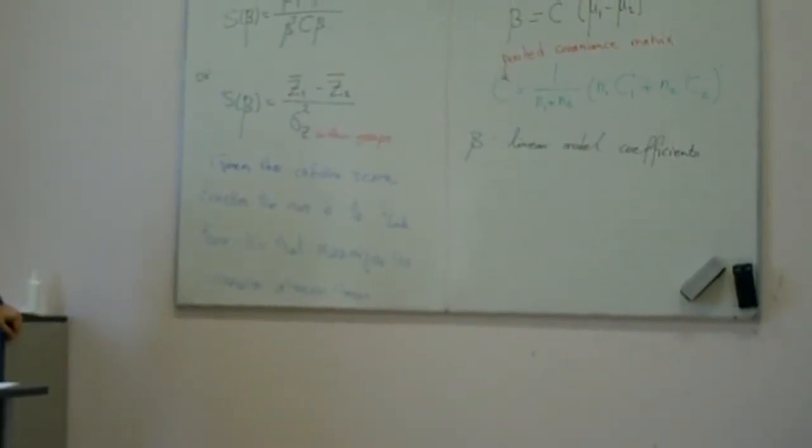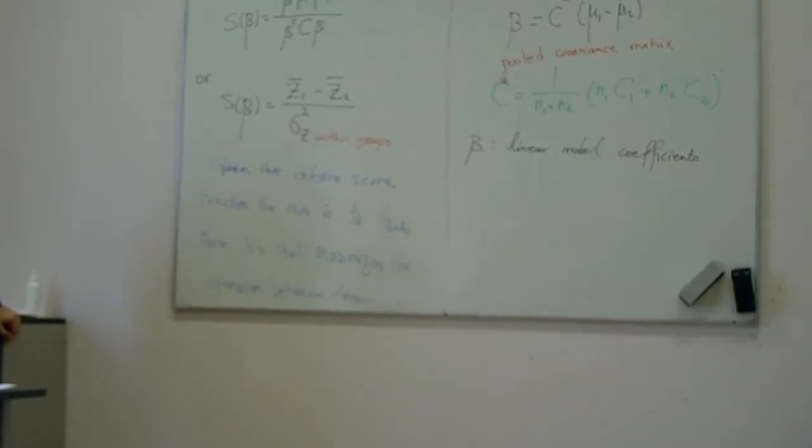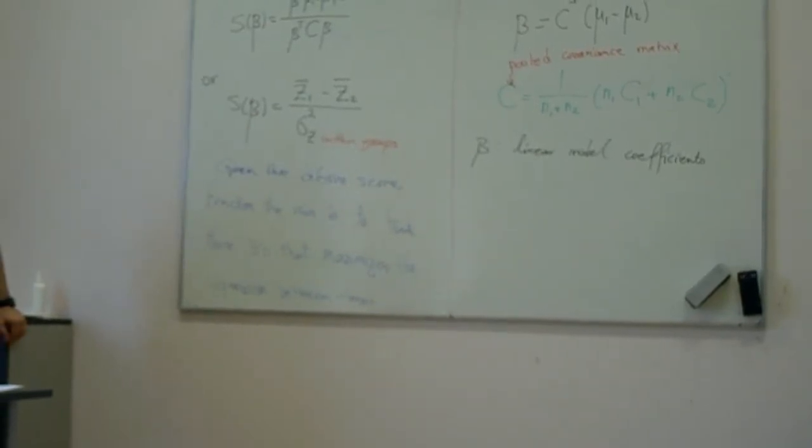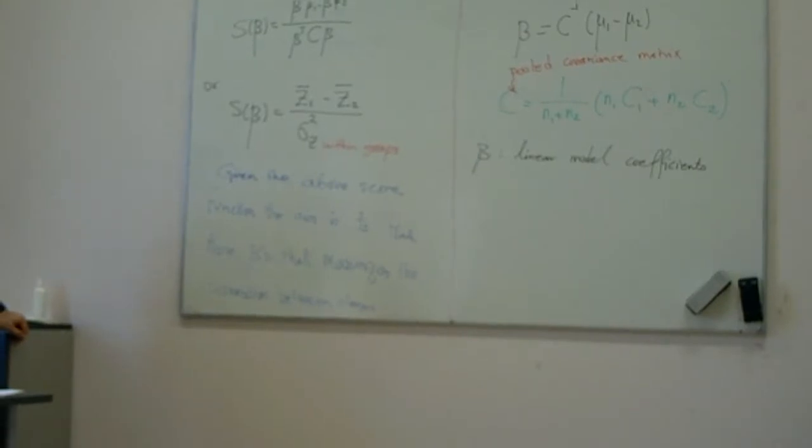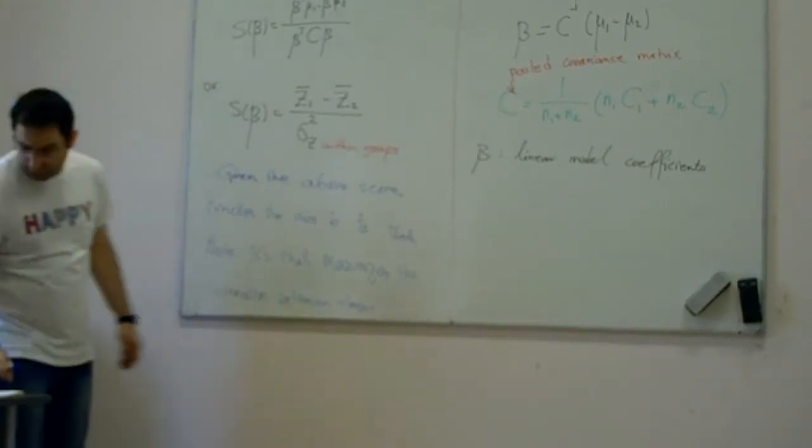Now, mathematically, it will be continued by saying that in order to assess this discrimination, one way is using the Mahalanobis distance between the two groups.